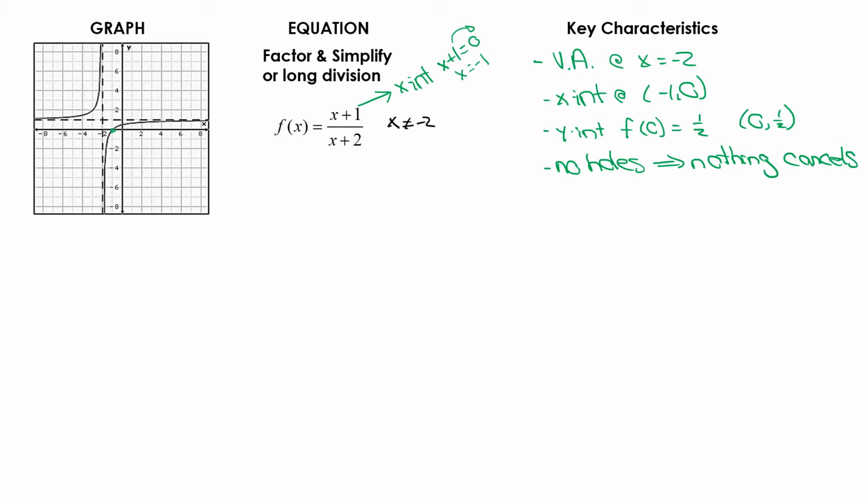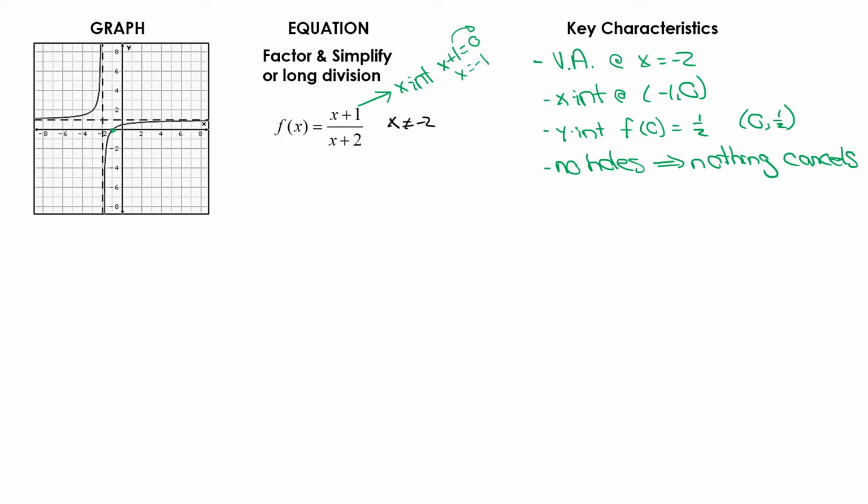This is the first one we've done today where the horizontal asymptote is not along the x-axis. It is at 1. So how could we possibly figure that out? Horizontal asymptotes, we're going to talk about degrees again. Think of end behavior.